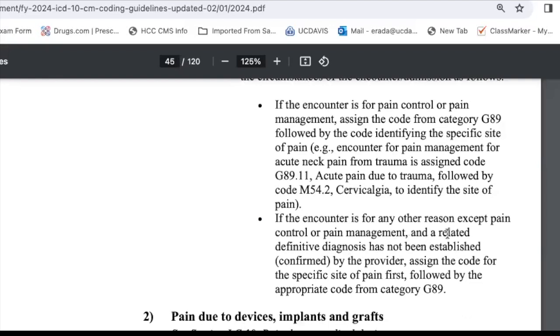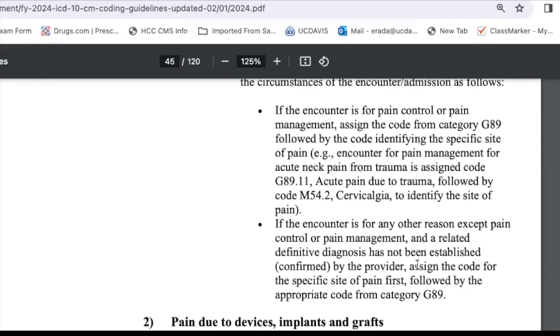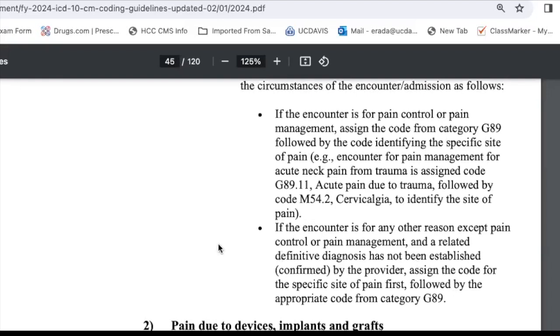If the encounter is for any other reason except pain control, and the related definitive diagnosis has not been established by the provider, assign the code for the specific site of pain first, followed by the appropriate code from category G89. So you see here, guys, the guidelines are consistent with that basic instruction: if a person's admission to the clinic is not chiefly to administer pain control or pain management, the pain code should be assigned as secondary.